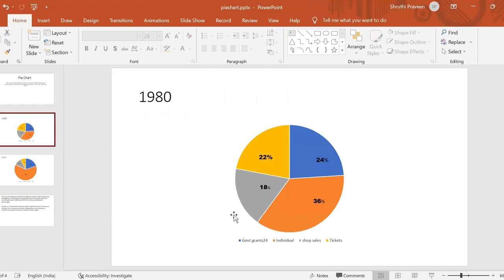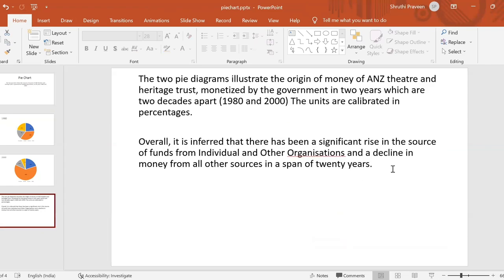So, from this graph, it's obvious that the source from individuals has risen, but all the others have declined. 22% has become 7%, 24 has become 20%, 18% has become 11%. So, we are clubbing these three data as decline in money source. Okay, and only the individual source has increased. So my second paragraph is also done.